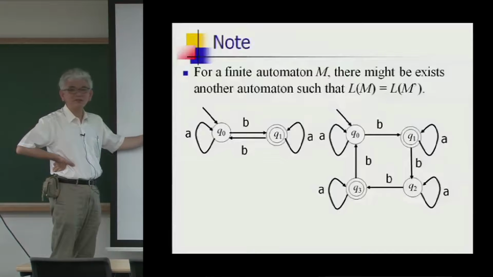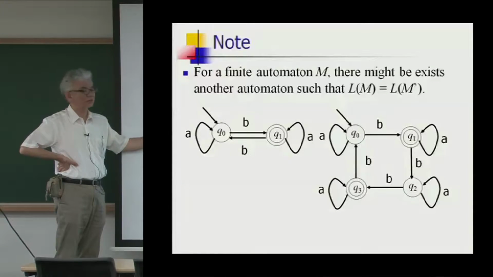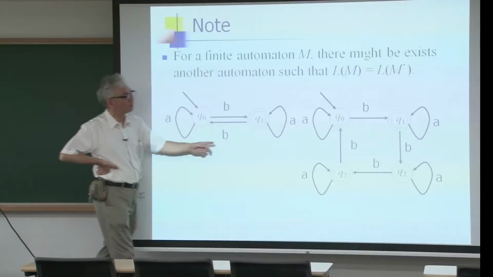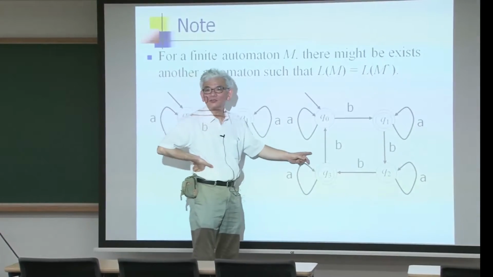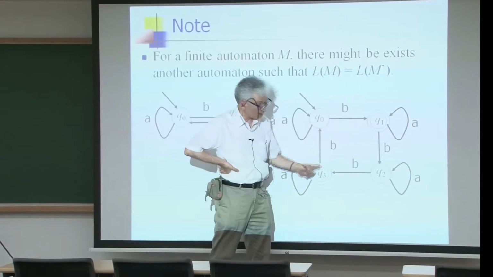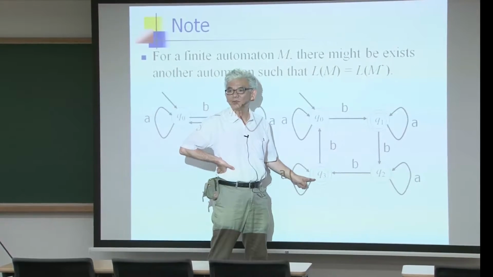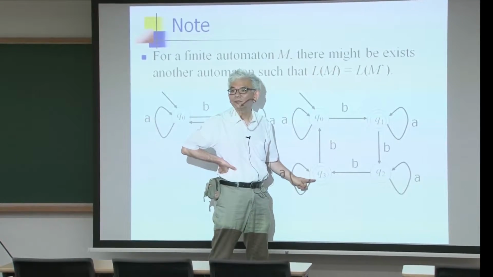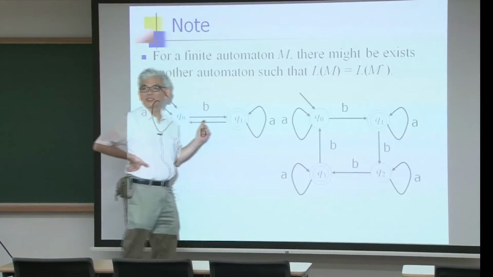This automaton accepts strings which contain an even number of b's. And this is also such an automaton because we have 4 states, and here it shows the number of b's is even. So these two are equivalent.